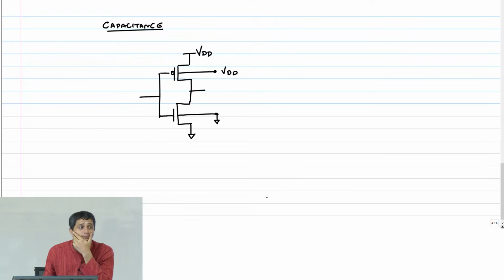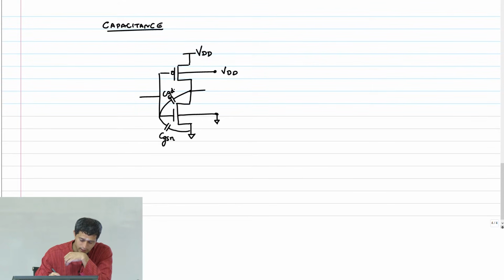Yeah, so basically from gate to source there is one capacitance, right? This is the CGSN. Then from gate to drain there is one more capacitance, CGDN.